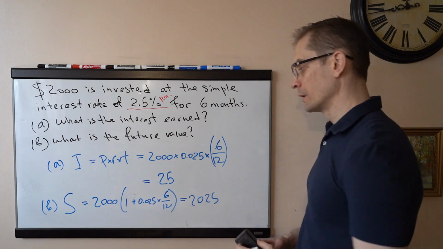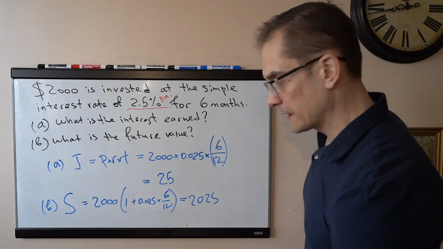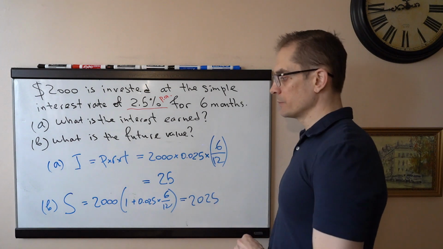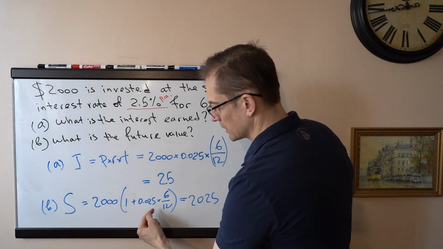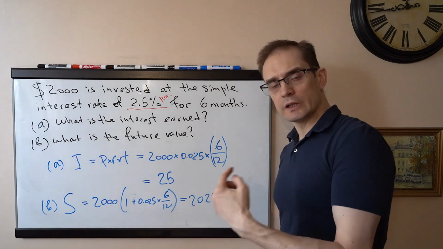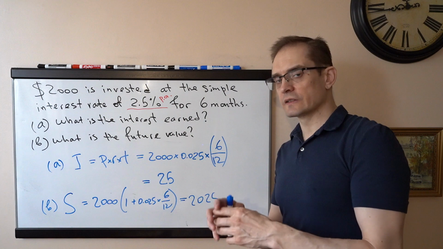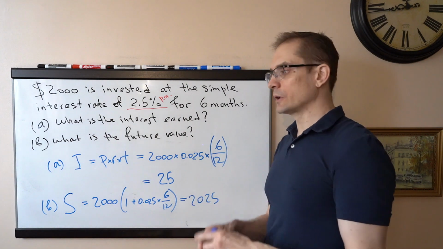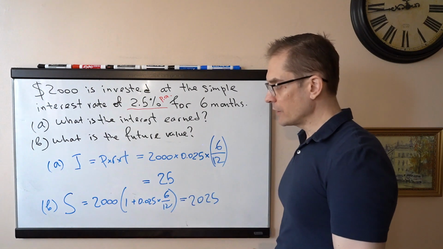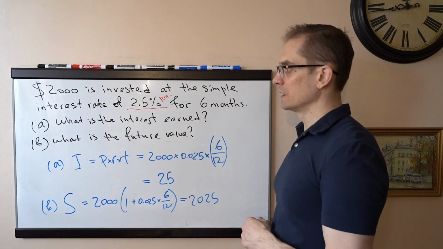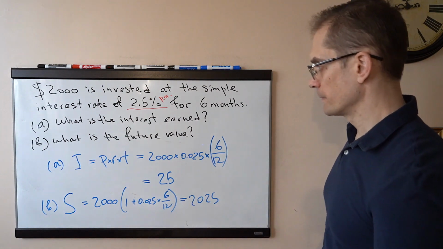So once again, in many problems, you don't really need to use this formula, because once you know your interest and your principal, you just add interest on top of principal and you're done. However, there are problems when it's not possible to do that, and we'll see those problems in future.